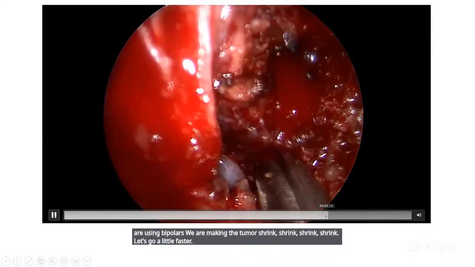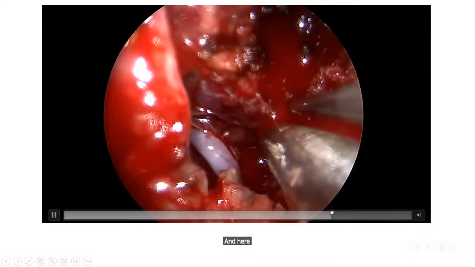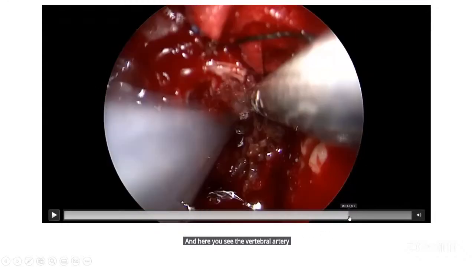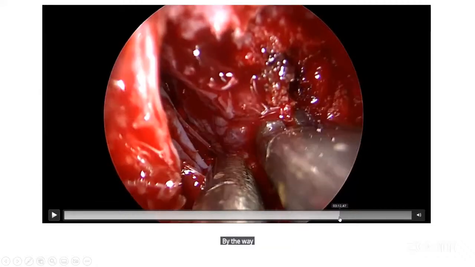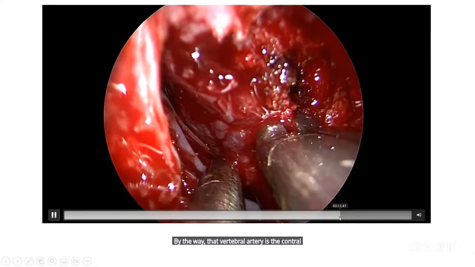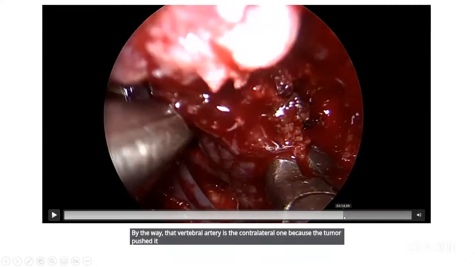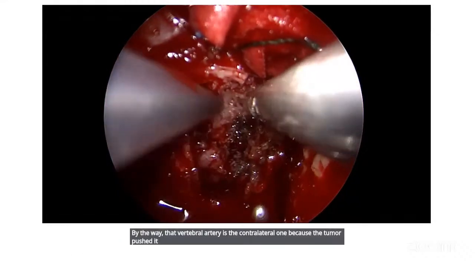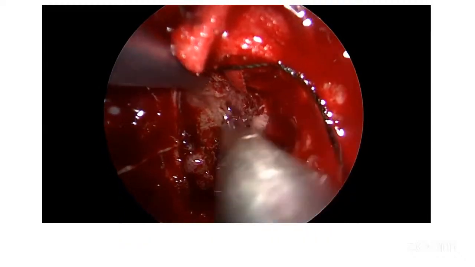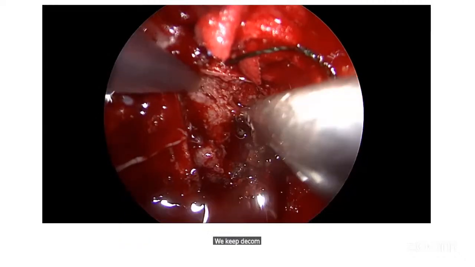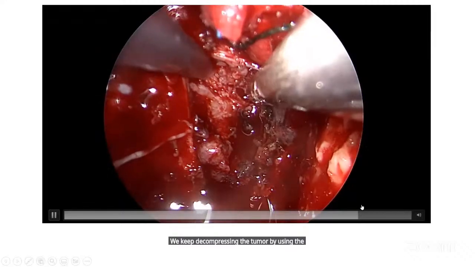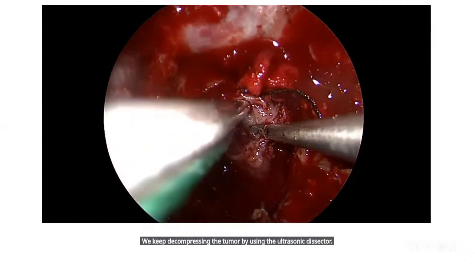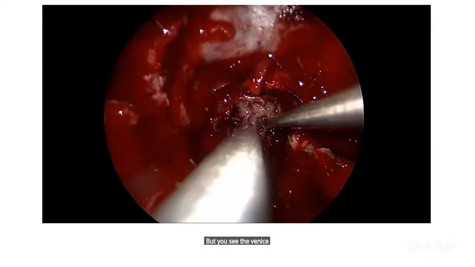And here you see the vertebral artery. By the way, that vertebral artery is the contralateral one because the tumor pushed it. We keep decompressing the tumor by using the ultrasonic dissector, but you see the venous bleeding is not that much.